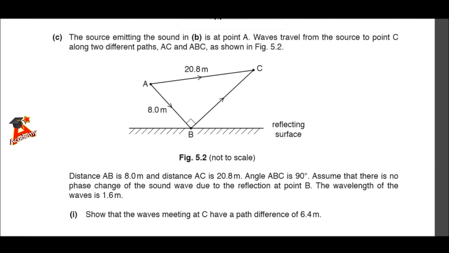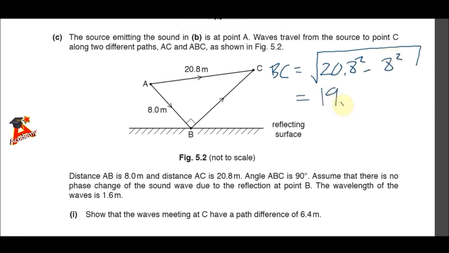We'll employ Pythagoras theorem. So by Pythagoras, BC is supposed to be 20.8 squared minus 8 squared, which gives us 19.2. This is BC.